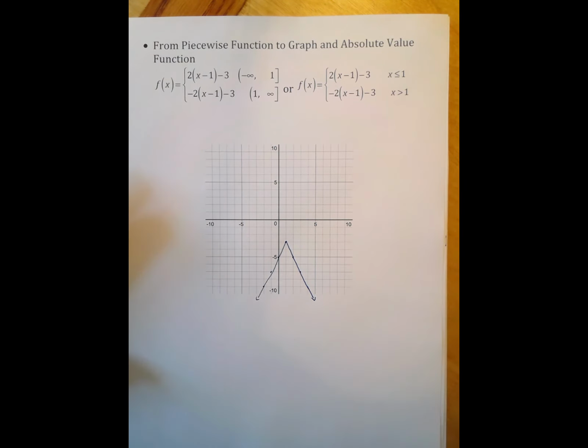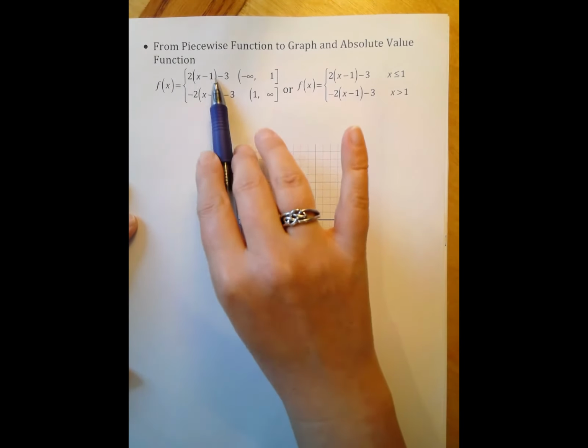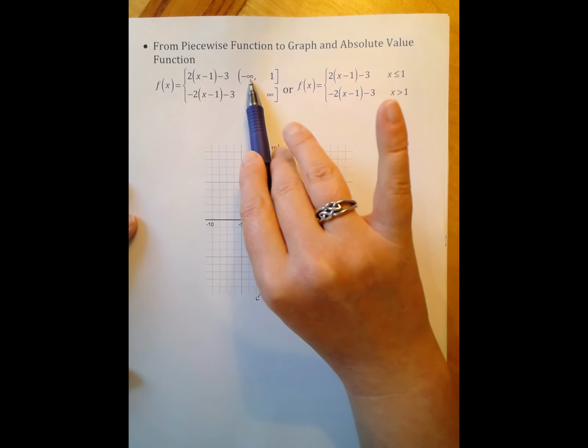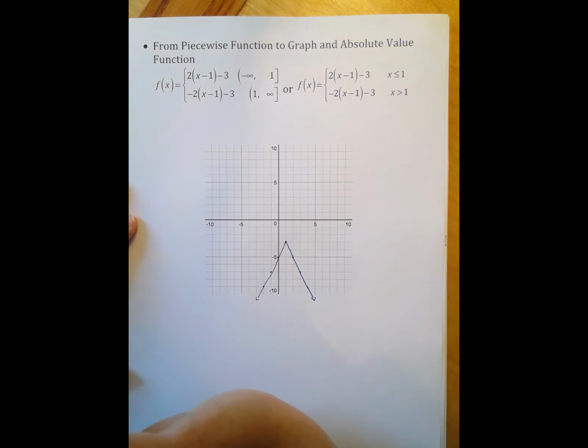The most common mistake you'll make here is to make this absolute value function a positive absolute value function. So it's really important to see which of these subfunctions is the left-hand side or the right-hand side, so which is going from negative infinity and which is going to positive infinity.